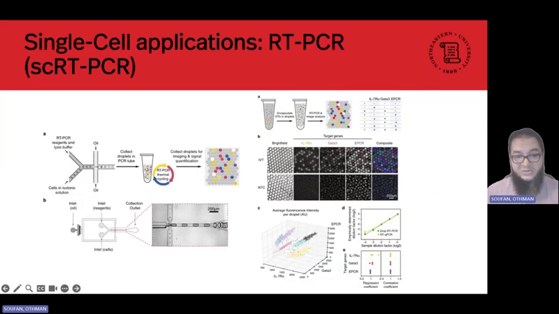But the very interesting application here is single cell application. Perhaps you have heard about single cell applications. Think about, we have an eye tissue, and we are interested in knowing the gene expression in these different types of cells.